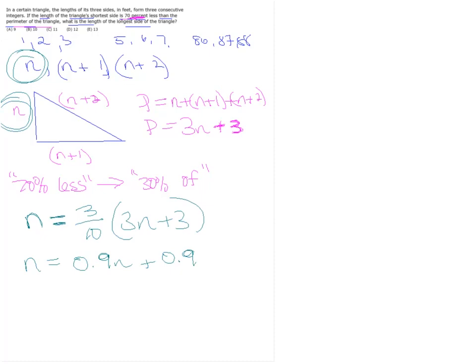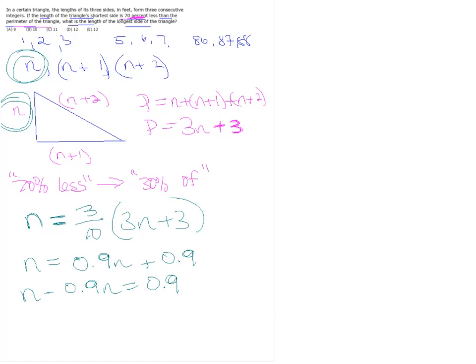Let's bring the two terms with the n together. So we'll say n minus 0.9n is equal to 0.9.